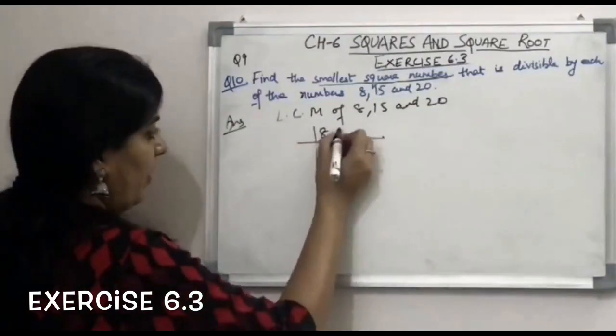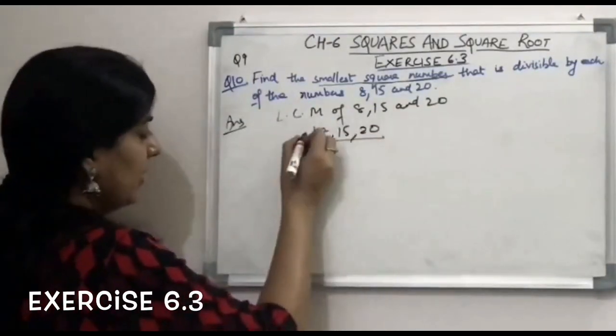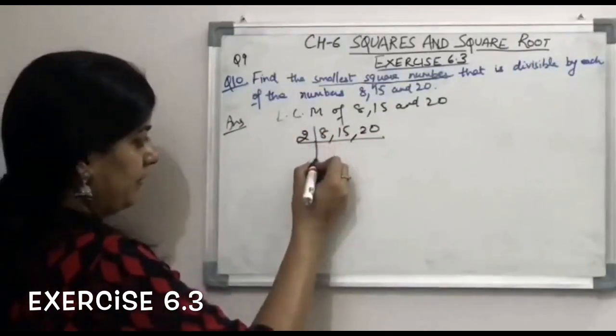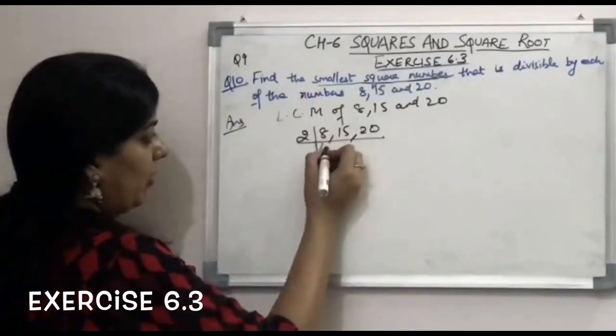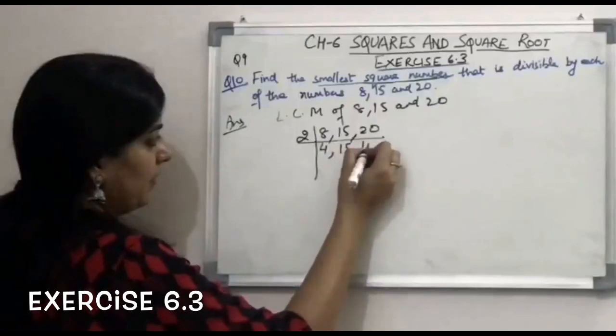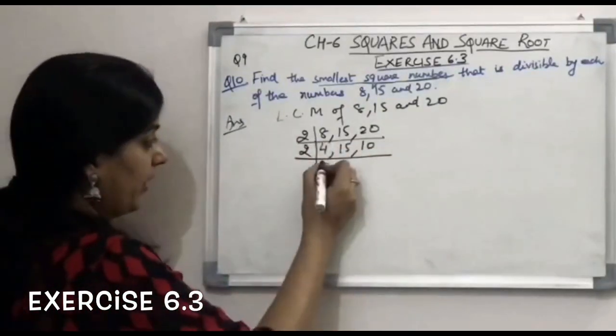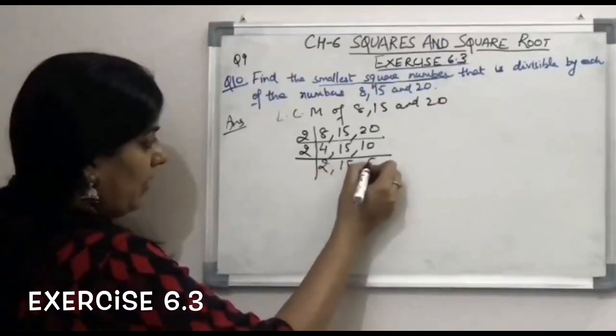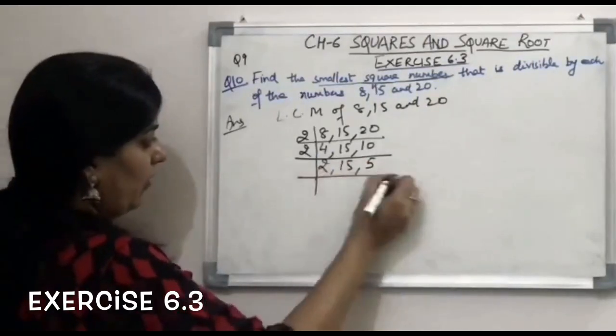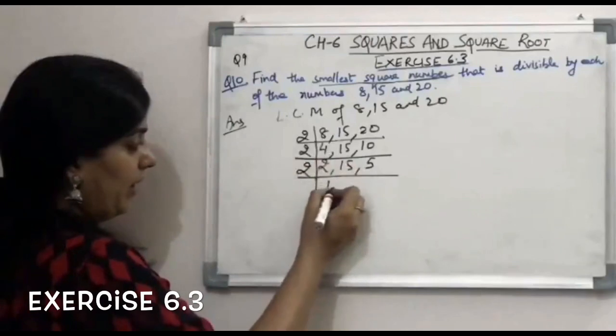Let us check what will be their LCM. We will divide it by 2 first. Again 2 numbers are divisible by 2, so we will write 2 here. Now again we will write 2 because one number is here.